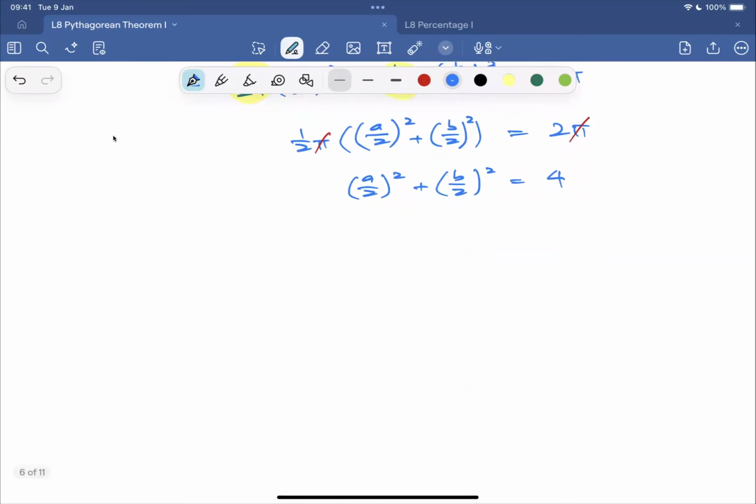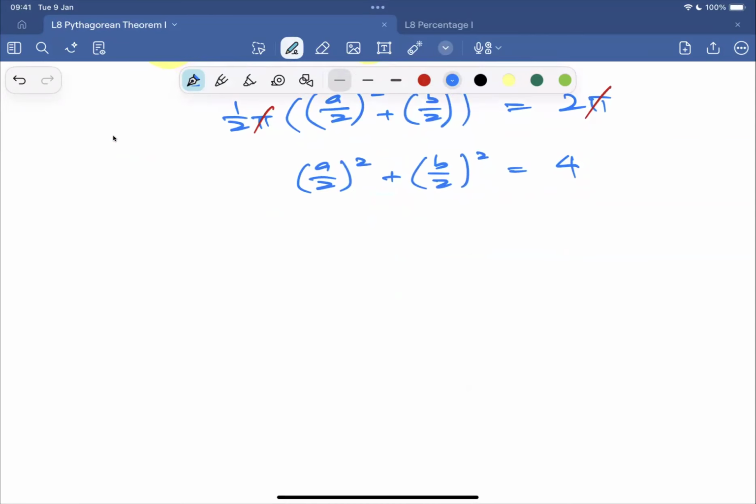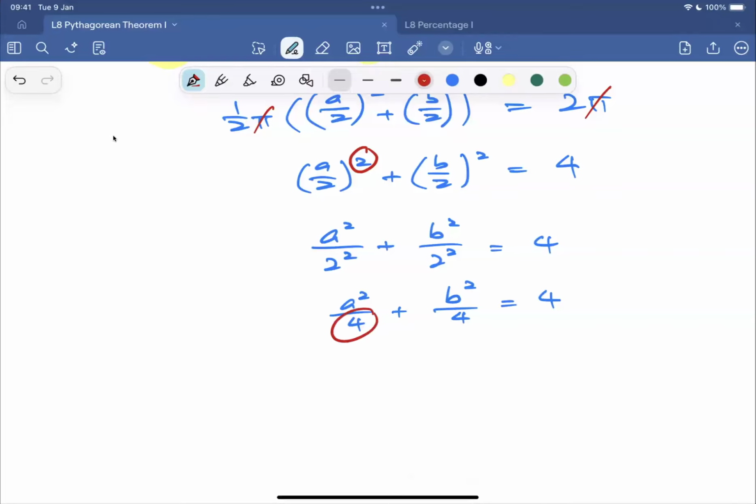Very good. Now, whenever you see a over 2 square, this power must apply to a, and also it must apply to the number below. So we end up with a square over 4 plus b square over 4 equals to 4. Elisha, can you tell me how do I get rid of all the number 4?